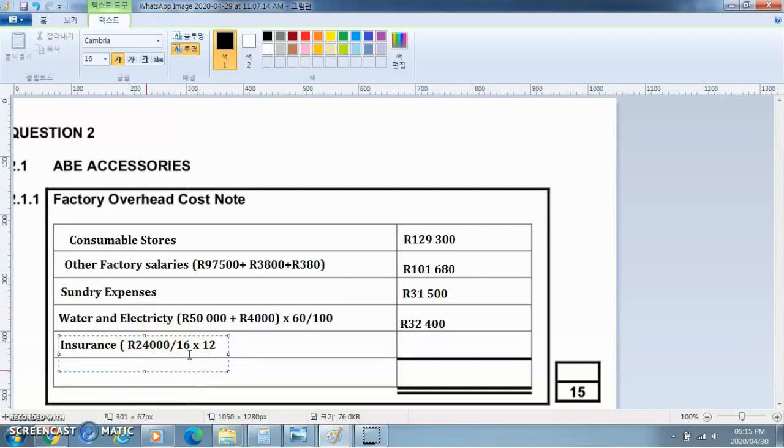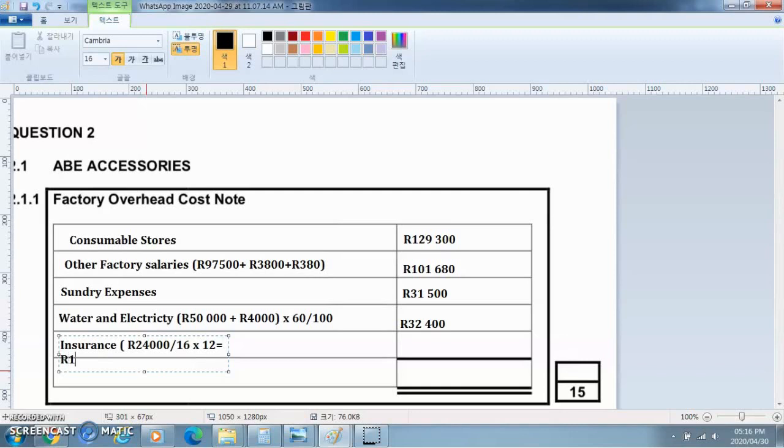So we were paying 1,500 rand per month. Then multiplying by 12 is because I want to see, in a period of 12 months, how much of the 24,000 was for only 12 months. If you do that in your calculator, you should get 18,000 rand. So the answer here is 18,000 rands.